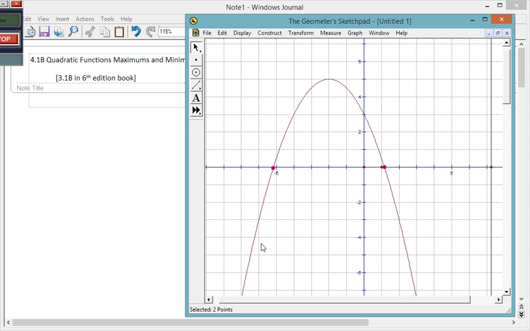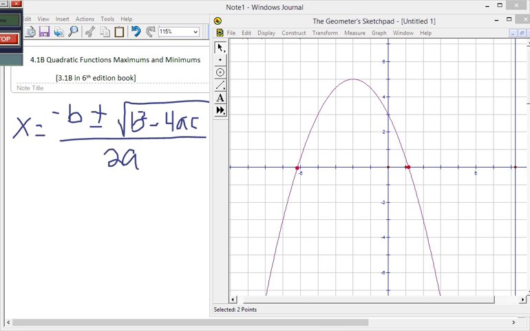If you remember, it's the quadratic formula: negative b plus or minus the square root of b squared minus 4ac, all over 2a.